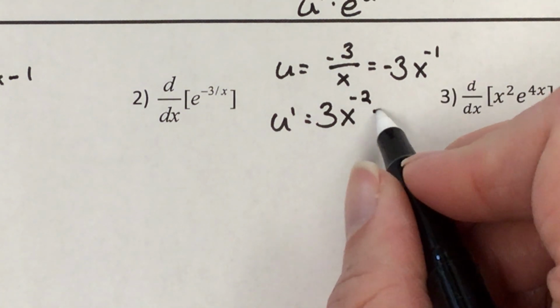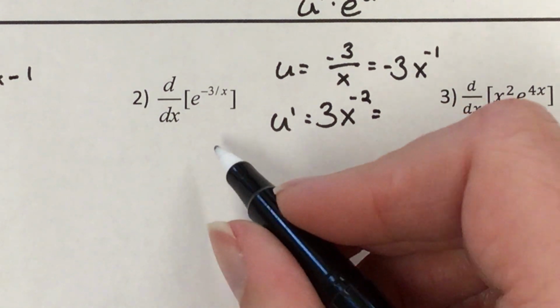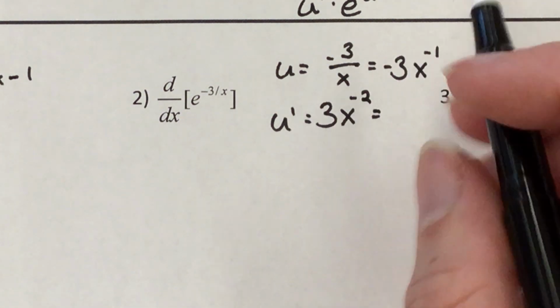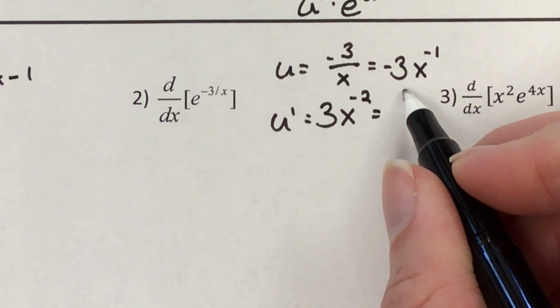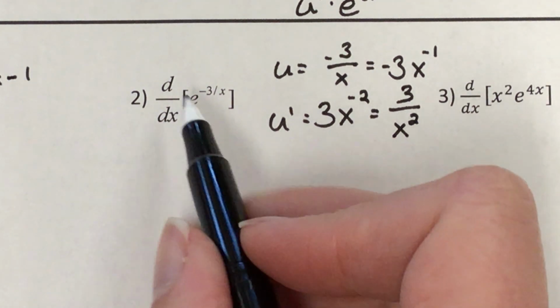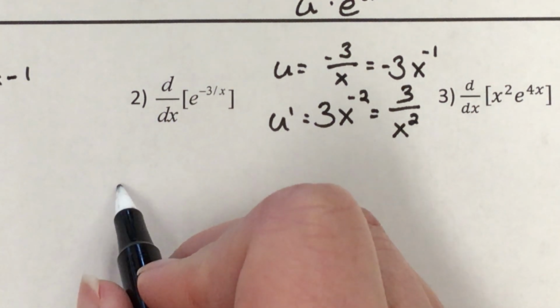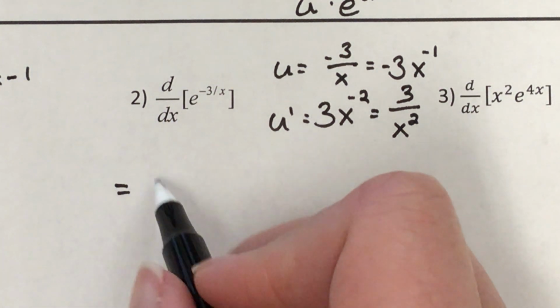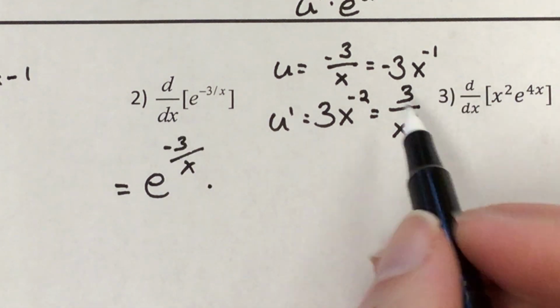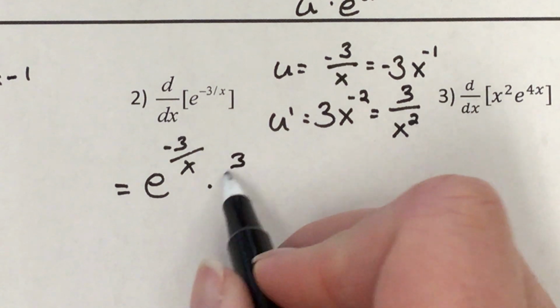Let's go ahead and rewrite that right now before we bring it into our derivative for the actual answer. So this is all of our side work. U prime would then equal 3 over x squared. Okay, so the derivative with respect to x of e to the negative 3 over x is e to the negative 3 over x times 3 over x squared.